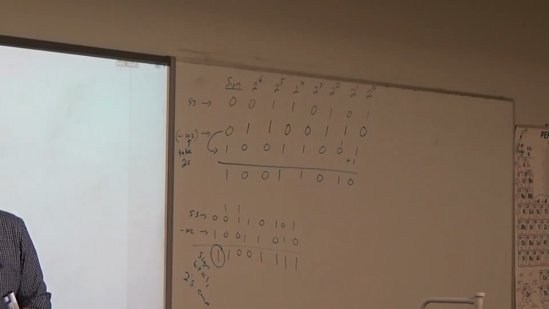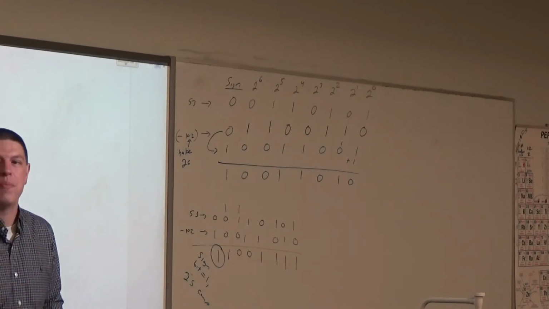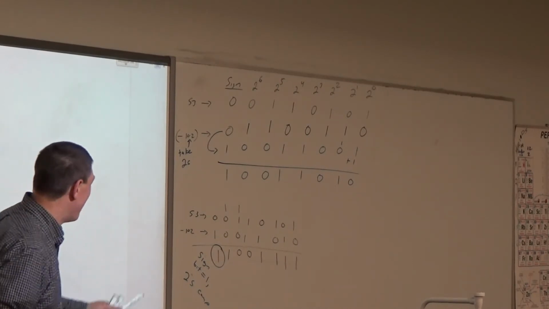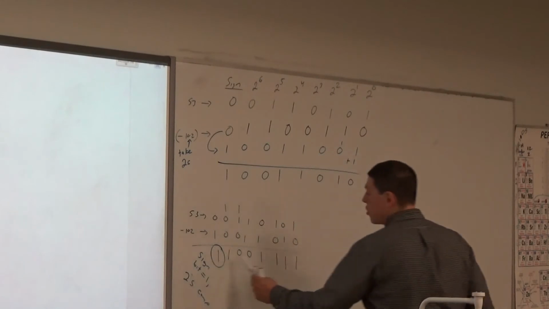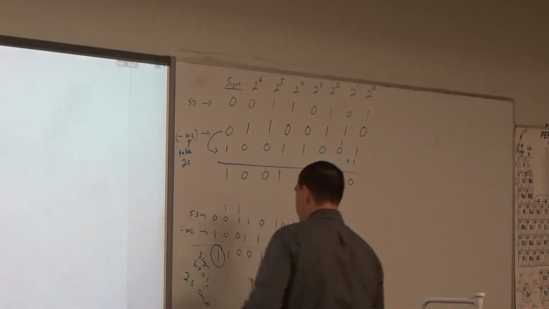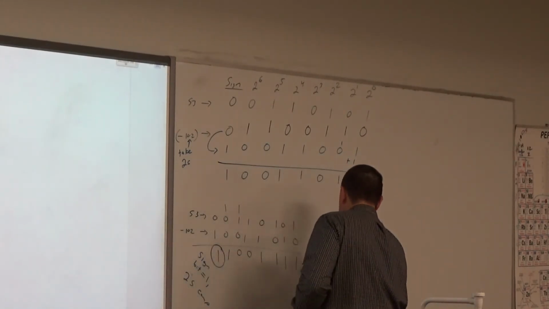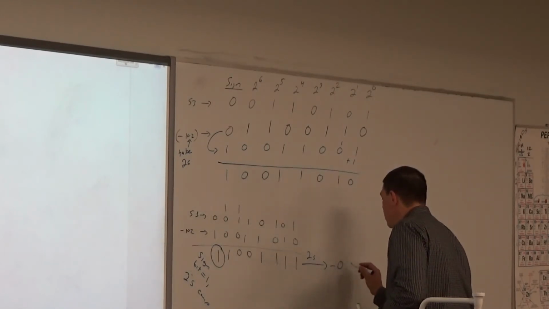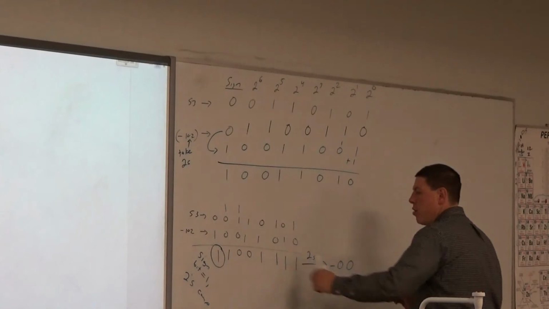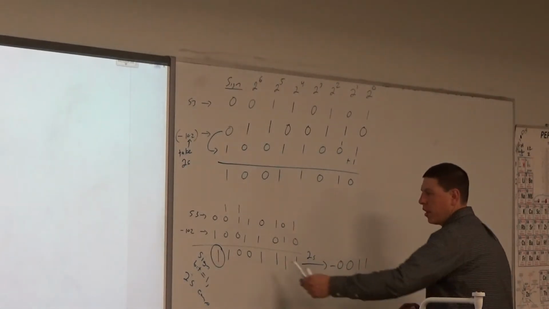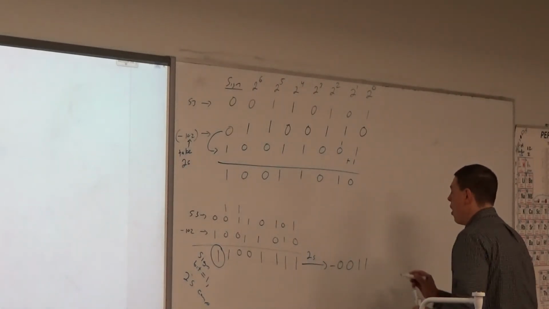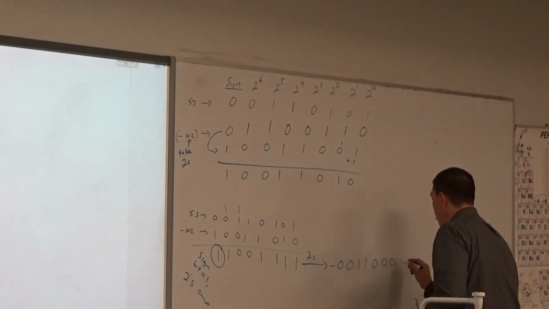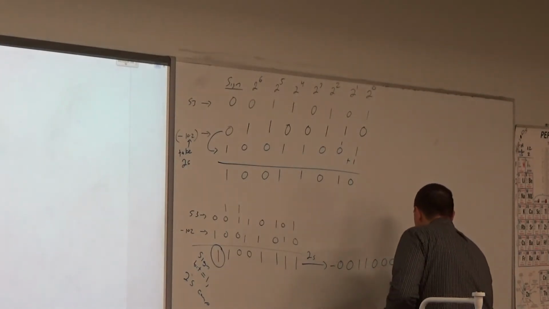And maybe this will help you justify in your mind that it actually does work. Maybe not. So remember, take the 2's complement and just flip the bits. So this is going to be negative 0, 0, 1, 1, 0, 0, 0, 0, and what I'm going to do is tack that 1 in.